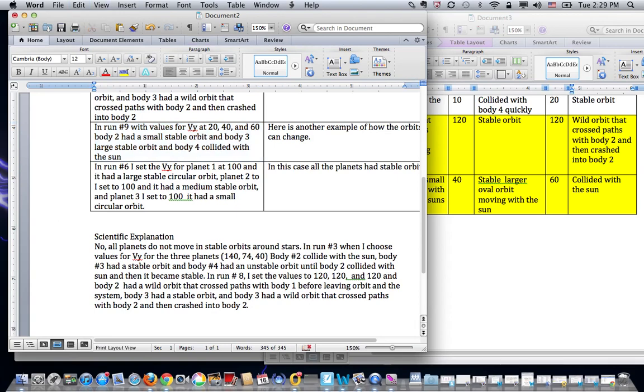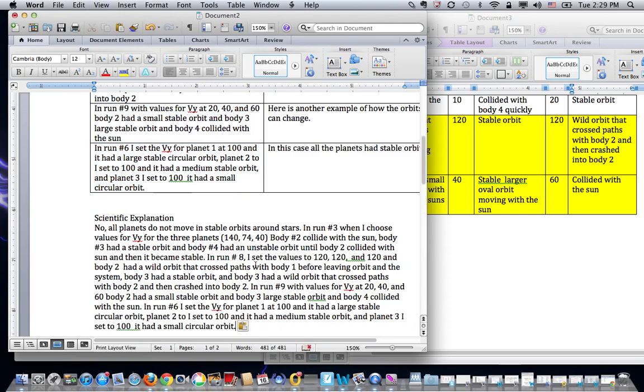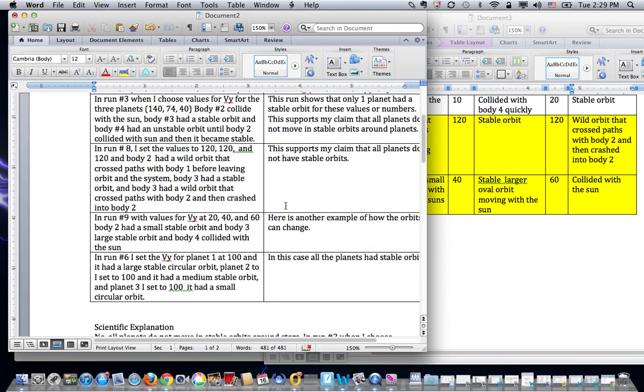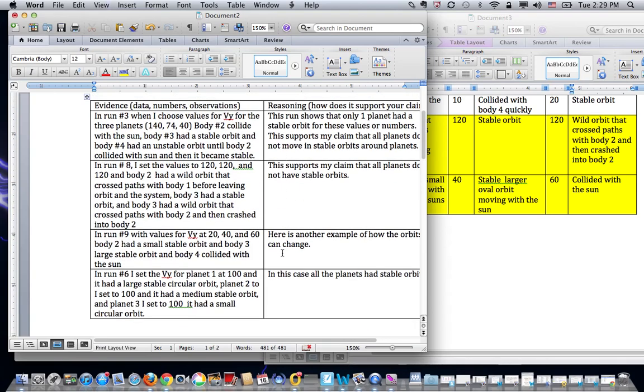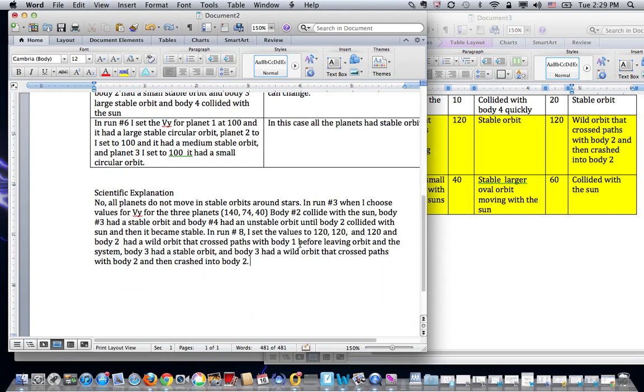And this is basically how we're building our scientific explanation. Since all of these showed lots of examples, let me back up.